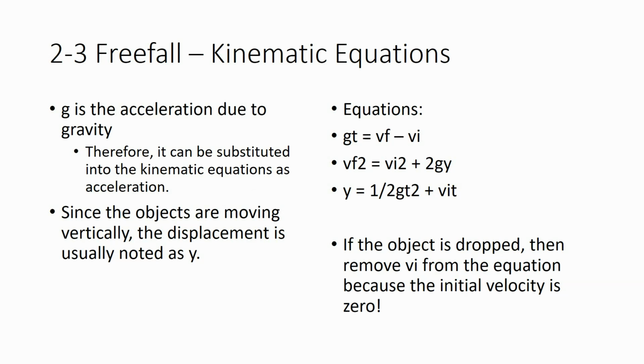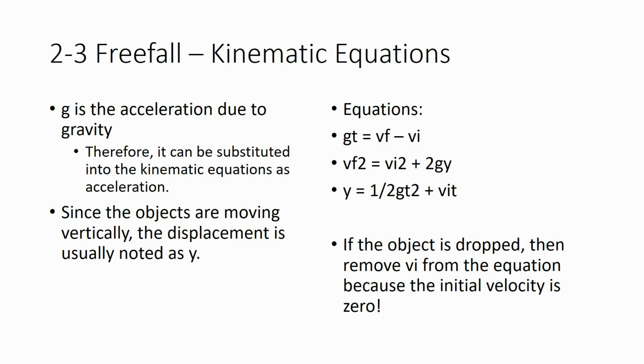Since gravity is an acceleration, we can substitute it into our three kinematic equations as the acceleration of the object. Since we are now moving vertically as compared to horizontally, we can note the displacement as y instead of x. Vi and Vf are going to pretty much stay the same.